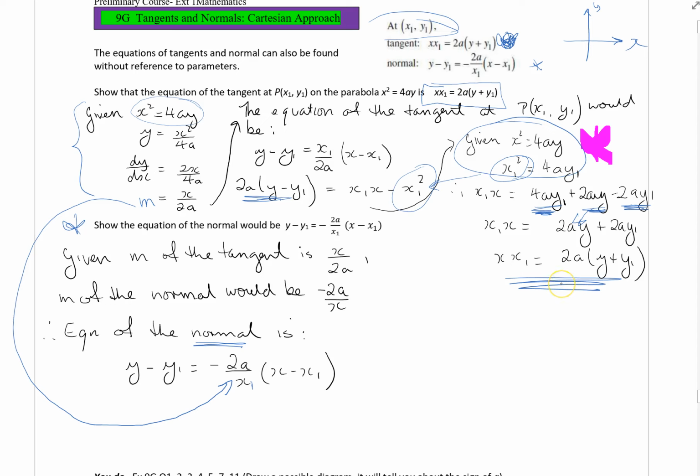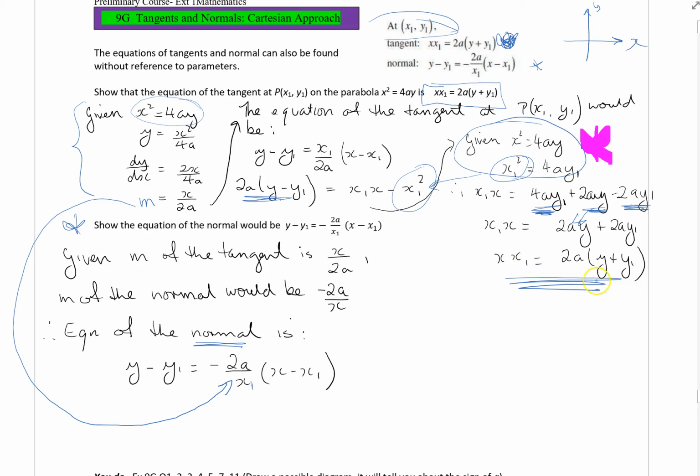So this is the format for the tangent at a point x1, y1 on the parabola, which can be written also in this format. It doesn't have any parameters at all.